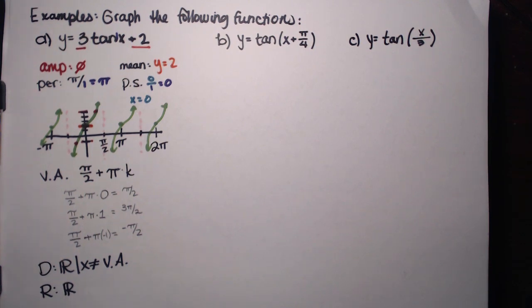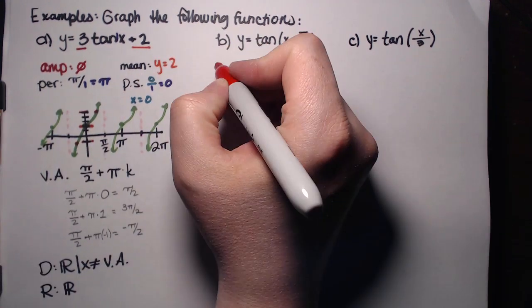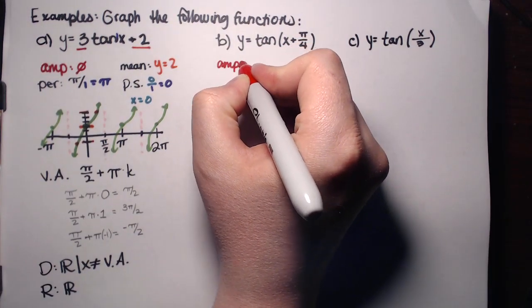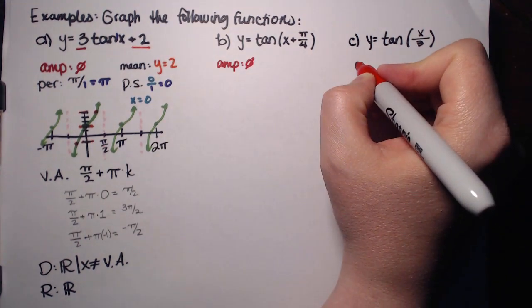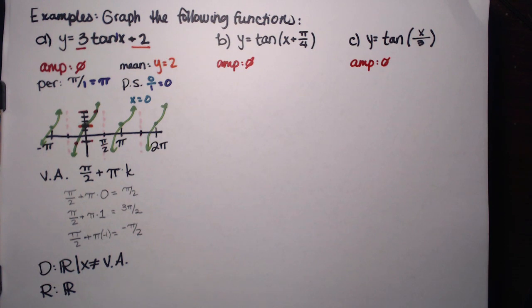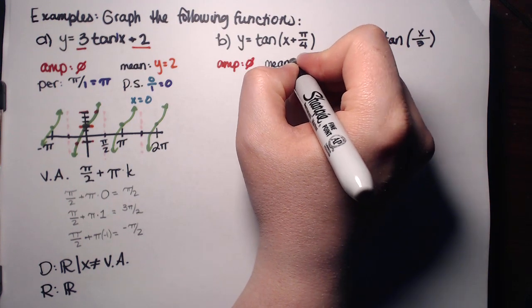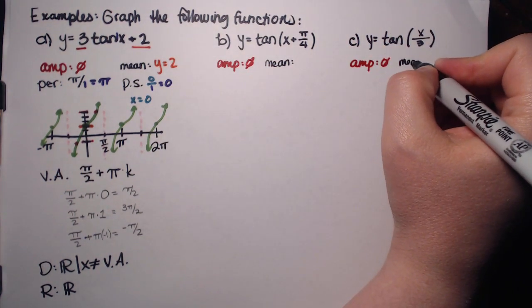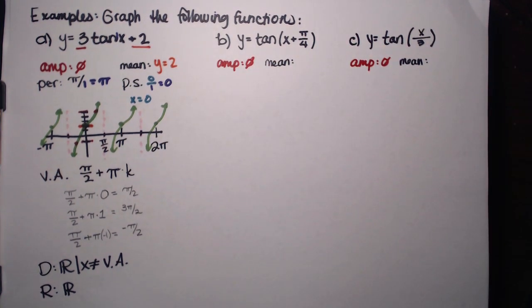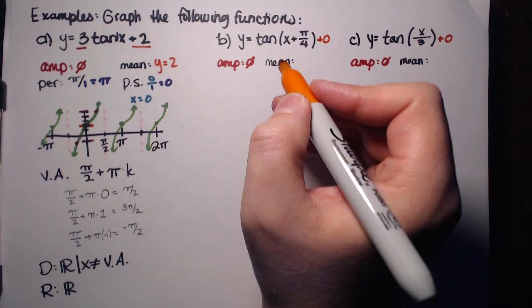Okay, so again, I'm going to work through this information on both of these. The amplitude is undefined. On both of these, the mean line is actually 0 because we're not adding anything or subtracting anything to the function as a whole. So you could view it as adding 0.